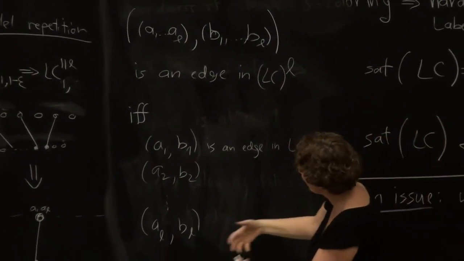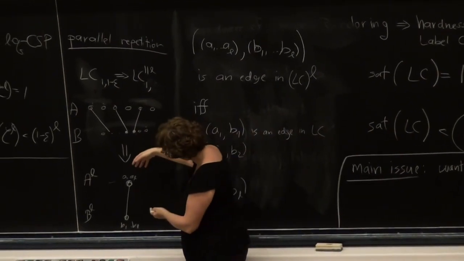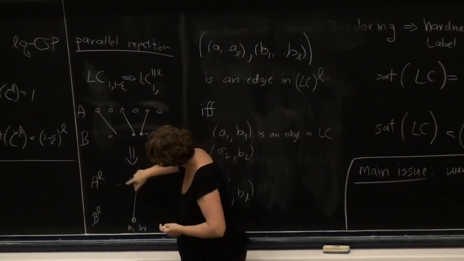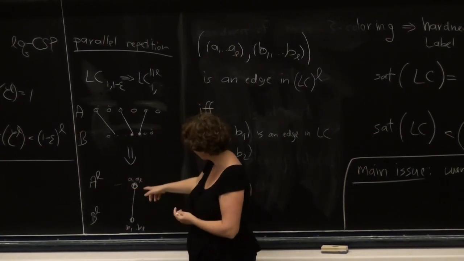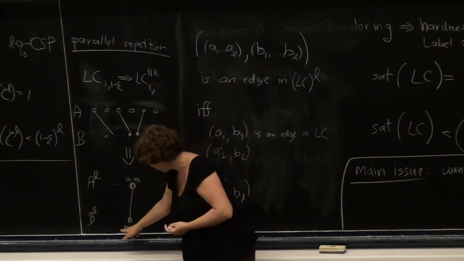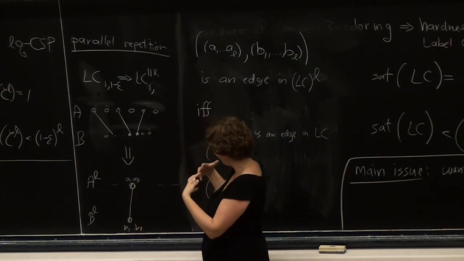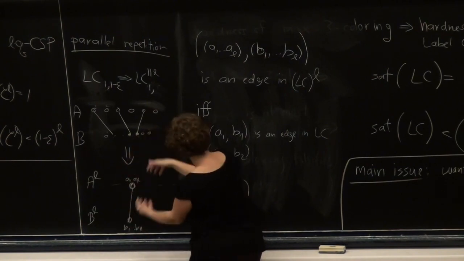And what will be the constraint? You need to say what the allowed labels are. The label is going to be just an L tuple of labels, and the label here is an L tuple of labels. These two are consistent if they're consistent coordinate-wise.